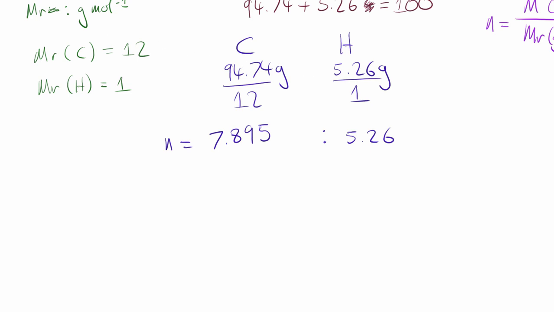So I'm going to divide this by 5.26. I'm going to divide this by 5.26, right? Now again, on this side, it's quite straightforward. You don't need a calculator, but because you're dividing something by itself, you're just going to get 1.